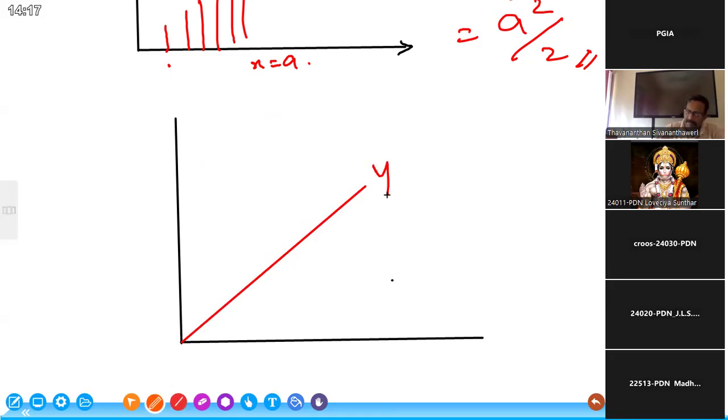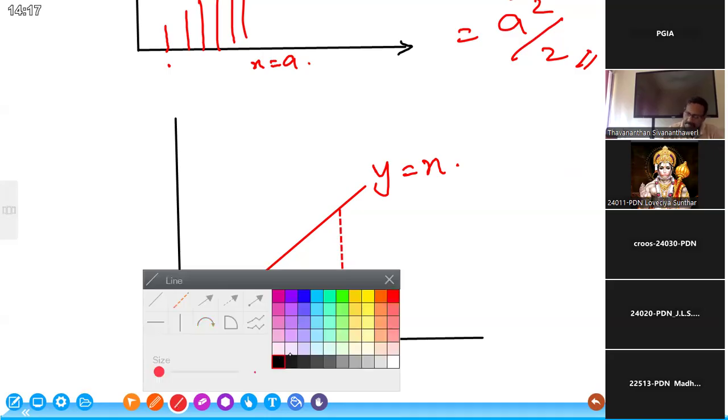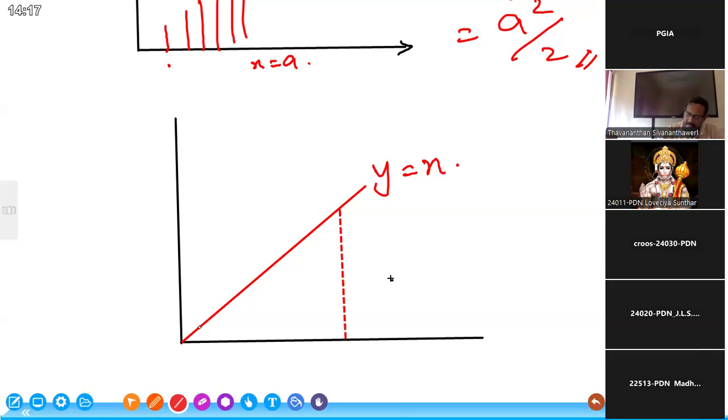Again, the same function, y is equal to x, right? I'm going to divide this area into a small number of equal-size x values.